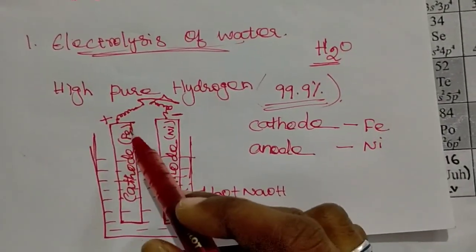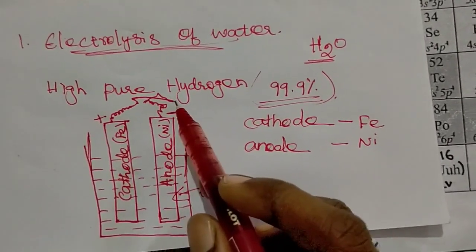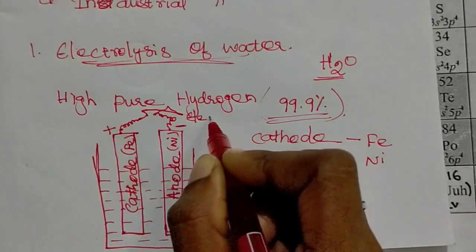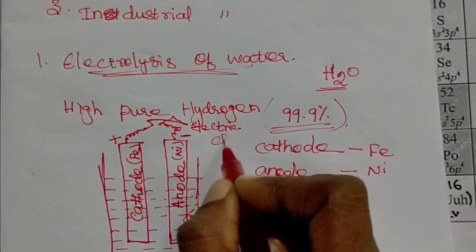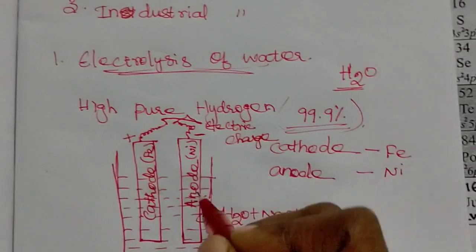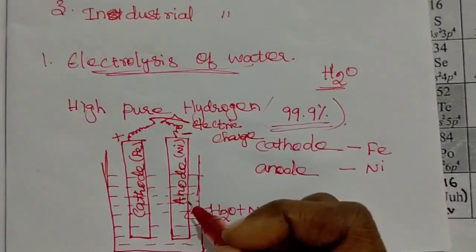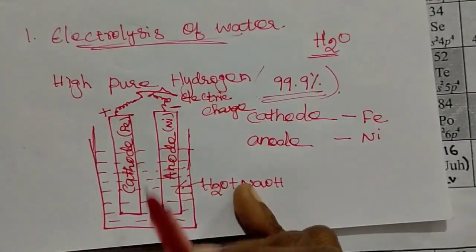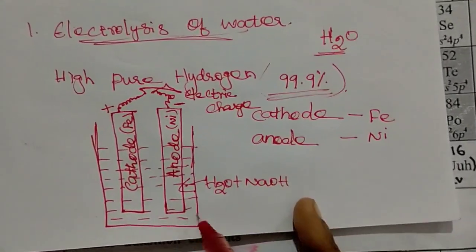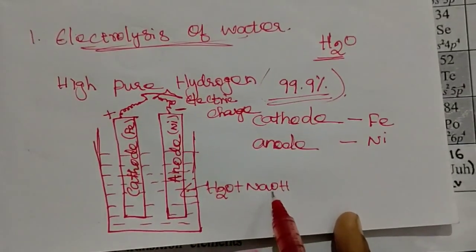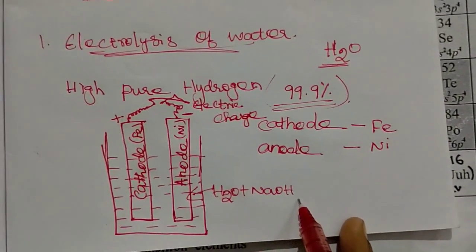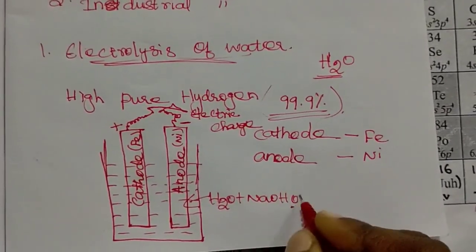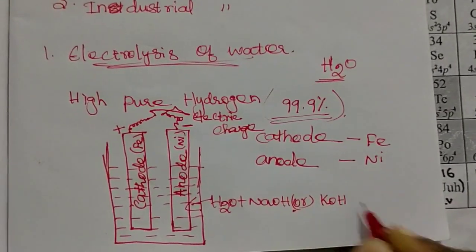Anode nickel, cathode iron, they are connected together and we pass electric charge into this solution, which contains H2O plus NaOH or potassium hydroxide, KOH.